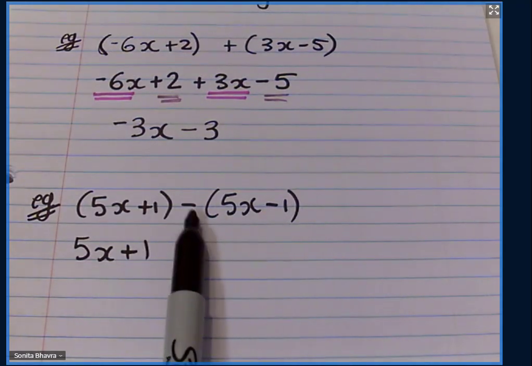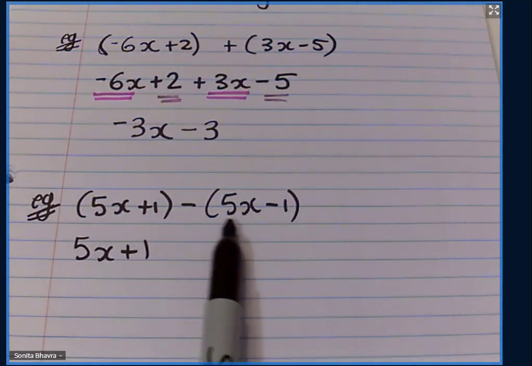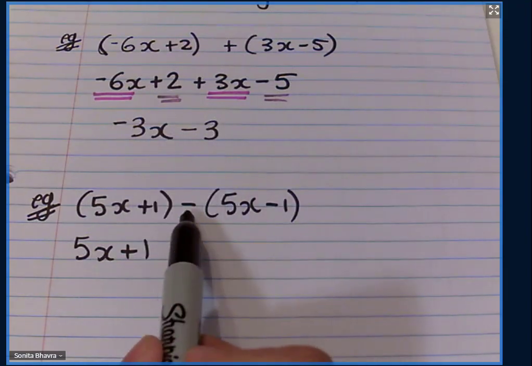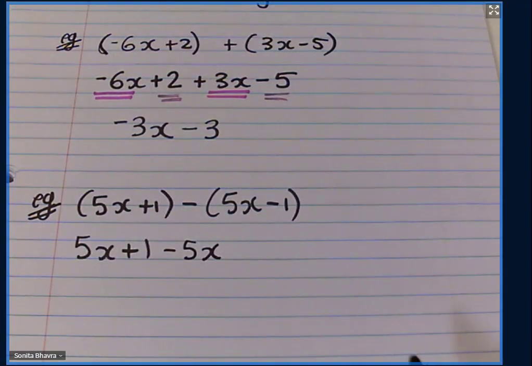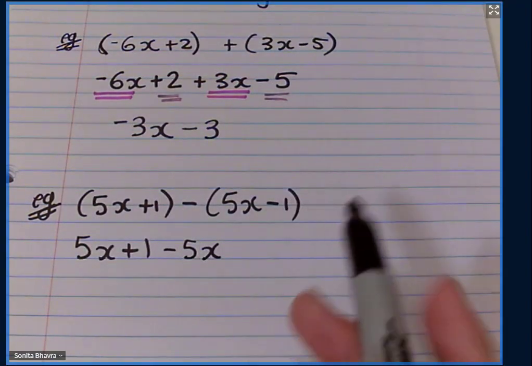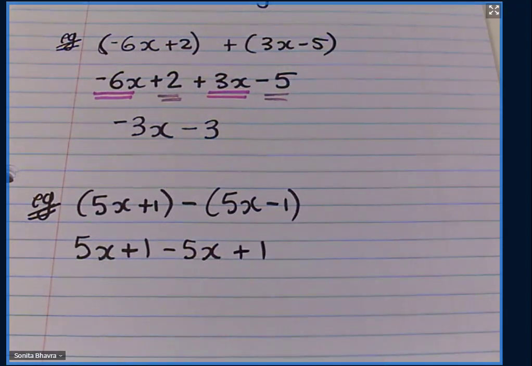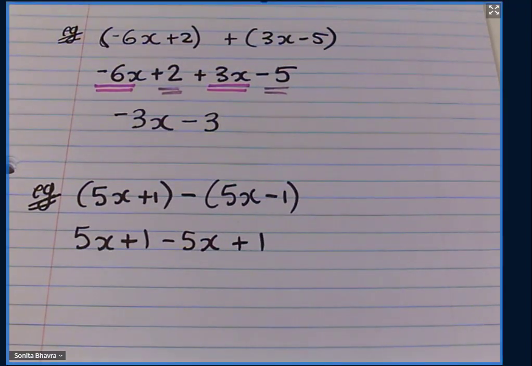Now this minus sign is going to change the signs of everything inside of this bracket. So it's going to become minus 5x or negative 5x, and then this minus 1 is going to change to a plus 1. All right, so that is what it looks like. And now we can go ahead and collect our like terms.